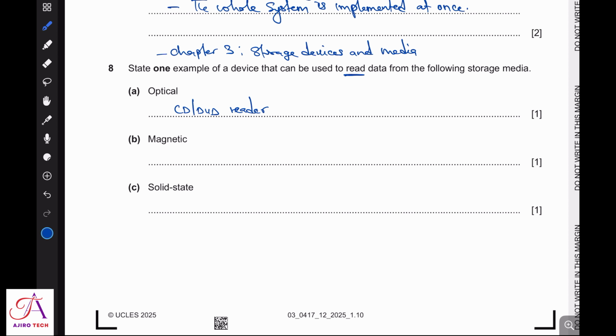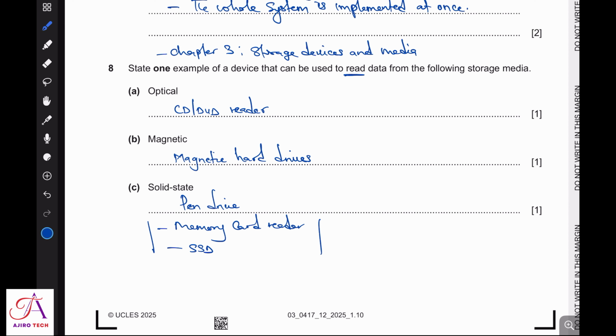For magnetic, we have the magnetic hard drive. For solid state, I'm just going to go with pen drive, or even a memory card reader, and we have our SSD.